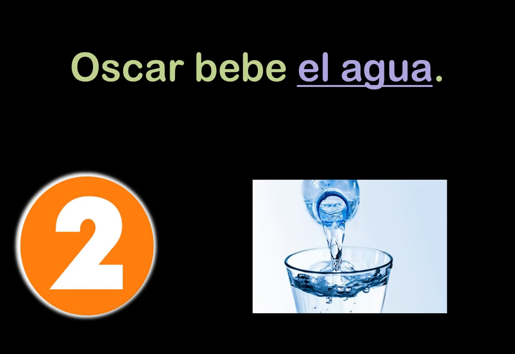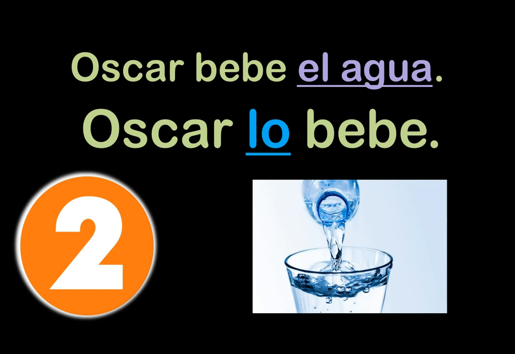So you have to decide, is it lo, la, las, or los, and move it in front of the verb. You might want to get out a piece of paper or say it orally to yourself. Oscar bebe el agua. It would become Oscar lo bebe. Don't forget to move your direct object pronoun in front of the verb.